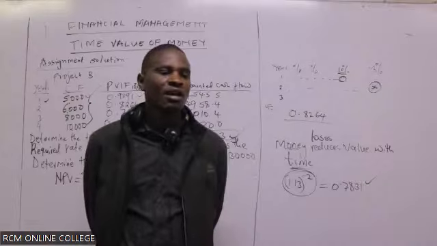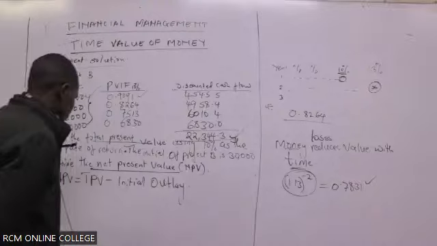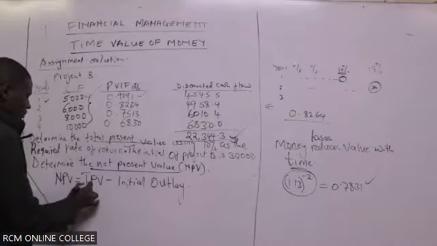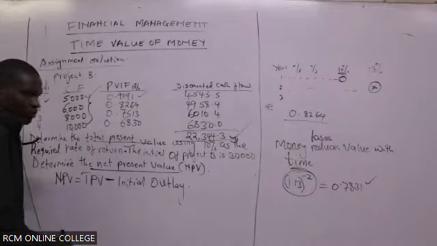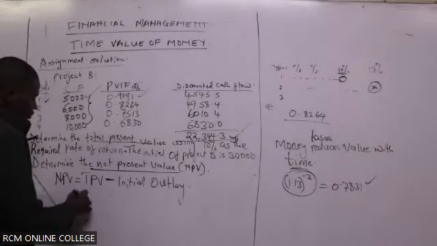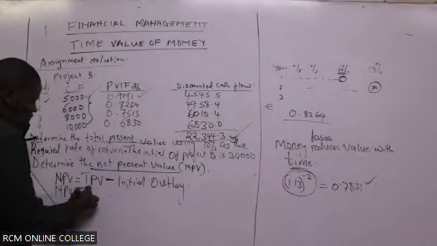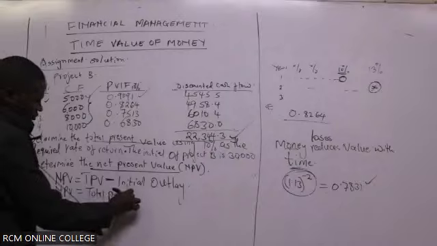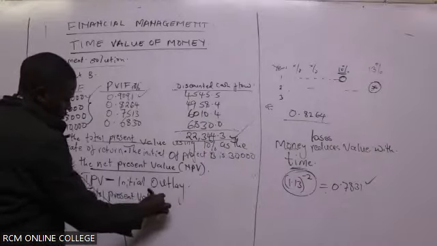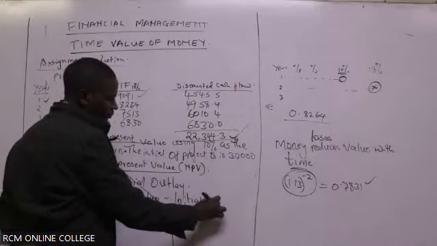Review your answer, use the calculator very well. Net present value is the total present value minus initial outlay. Or in short, net present value is equal to total present value minus initial outlay.